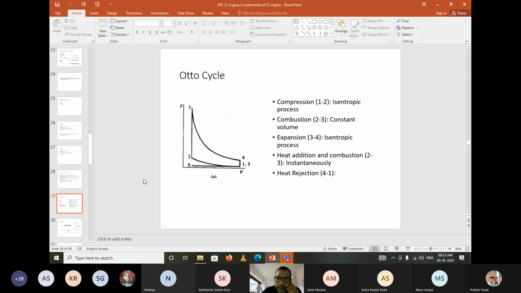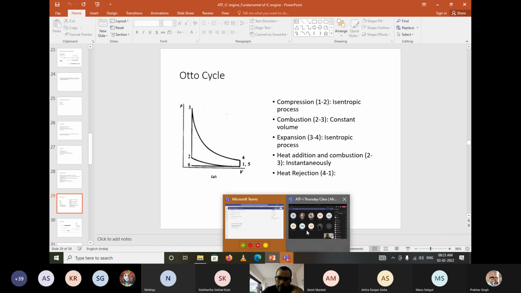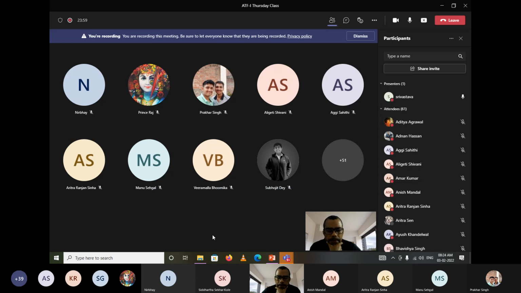And then think about how the pressure will vary from minus 360 to minus 180, then minus 180 to 0, then 0 to 180, and then 180 to 360. Please do it and show it to me or discuss with me. I hope the question is clear.